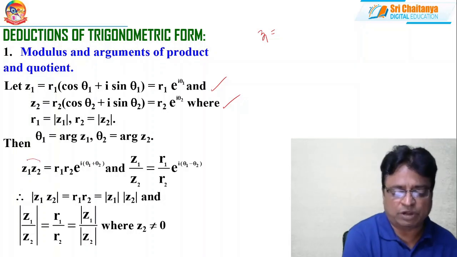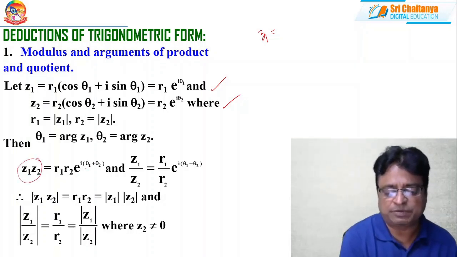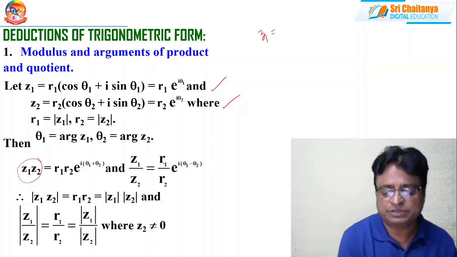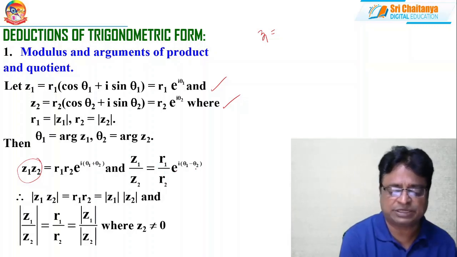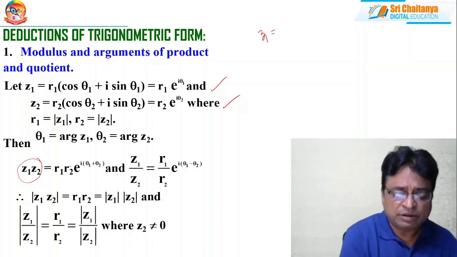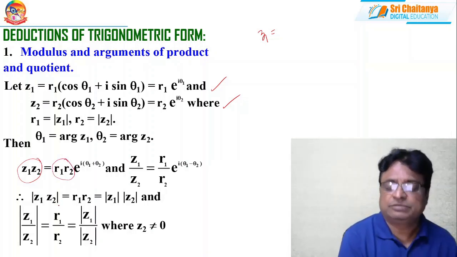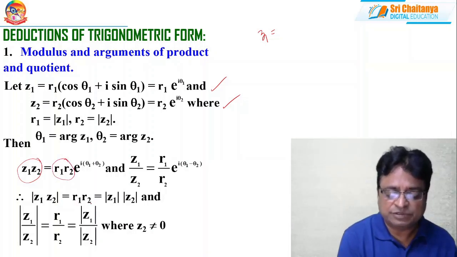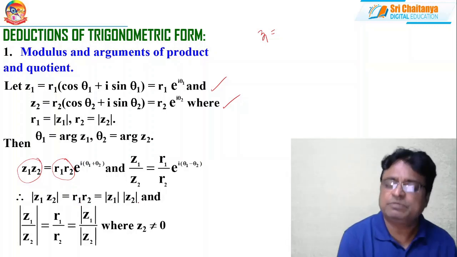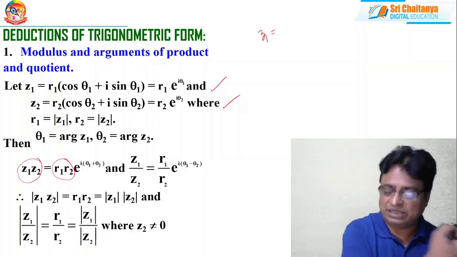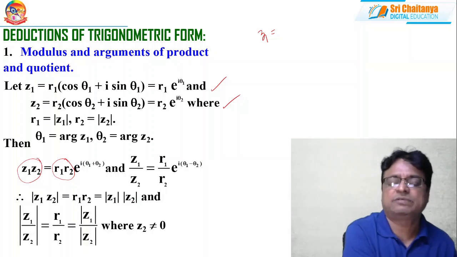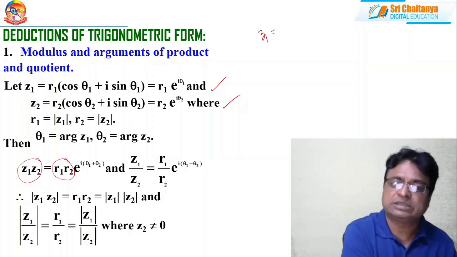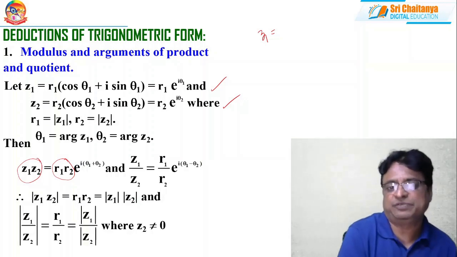Now, the product of two complex numbers is R1 R2 e power i (theta 1 plus theta 2). Z1 by Z2 is R1 by R2 e power i (theta 1 minus theta 2). So here R1 R2 represent what? The modulus of Z1 Z2. So the modulus of Z1 Z2 is equal to R1 R2, that is mod Z1 into mod Z2. That is why, in our properties of modulus of complex numbers, this property I told in our previous video also.